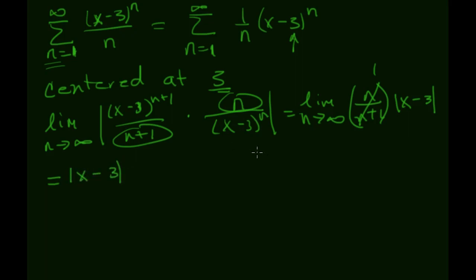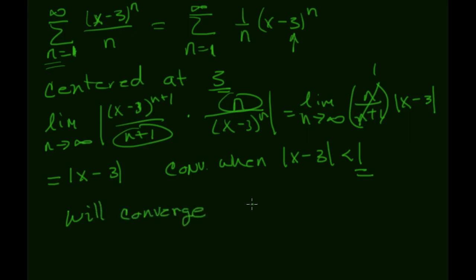So this thing I know converges when the absolute value of x minus 3 is less than 1. This means that in this case, my radius of convergence is 1. I know that without checking any endpoints, this will converge when negative 1 is less than x minus 3 is less than 1.